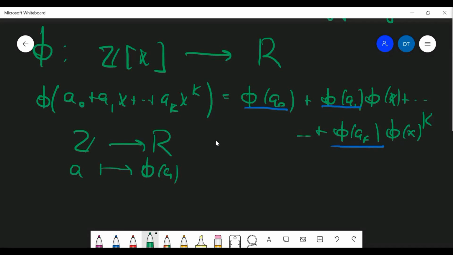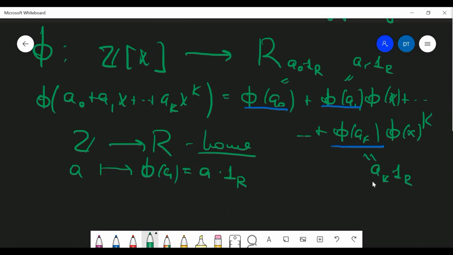So we may apply the same rule, but to integer elements only. And this is a homomorphism from the ring of integers to the ring R. But by the rules before, we know that there is only one such homomorphism, which takes a to a times 1 from the ring R. So each underlined element here is actually a0 times 1_R, this one is a1 times 1_R, etc., this one is ak times 1_R.